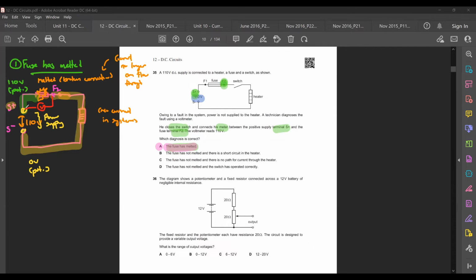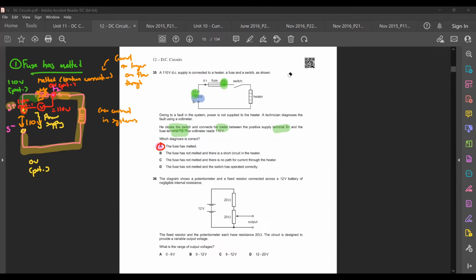Now this one is at 0 volts potential because it's connected to the yellow line. This one is going to be 110 volts potential because it's connected to the green line. So the difference in potential between these 2 points will give me 110 volts, no? So this is actually supposed to be the correct diagnosis. Your fuse has actually melted. That's why I'm getting 110 volts when I connect my circuit like that.